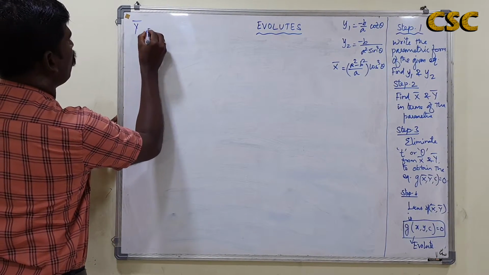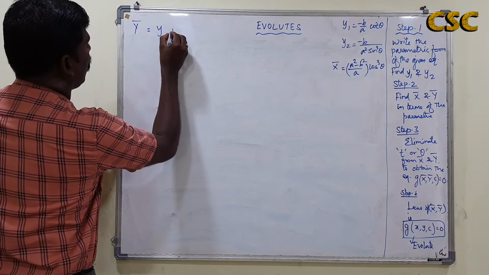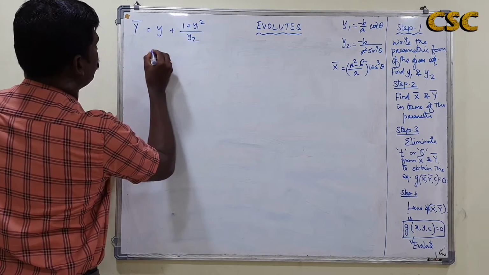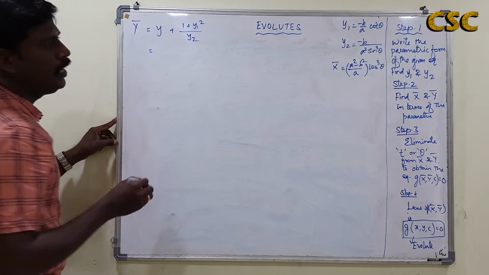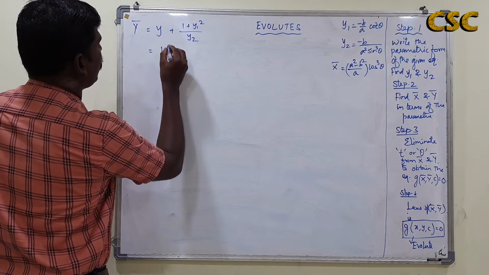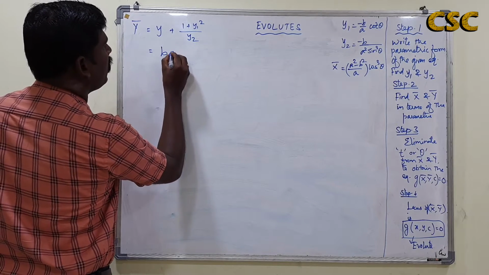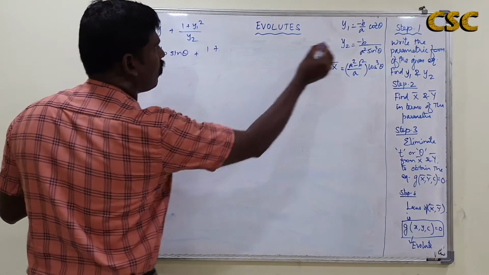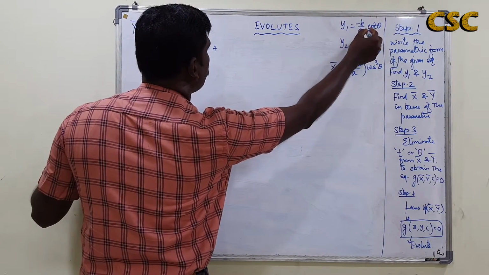y bar is equal to y plus (1 plus y1 square) by y2. What is y? b sin theta, isn't it? From the parametric form, x equal to a cos theta, y is equal to b sin theta, plus 1 plus y1 square. What is y1? Minus b by a cot theta.